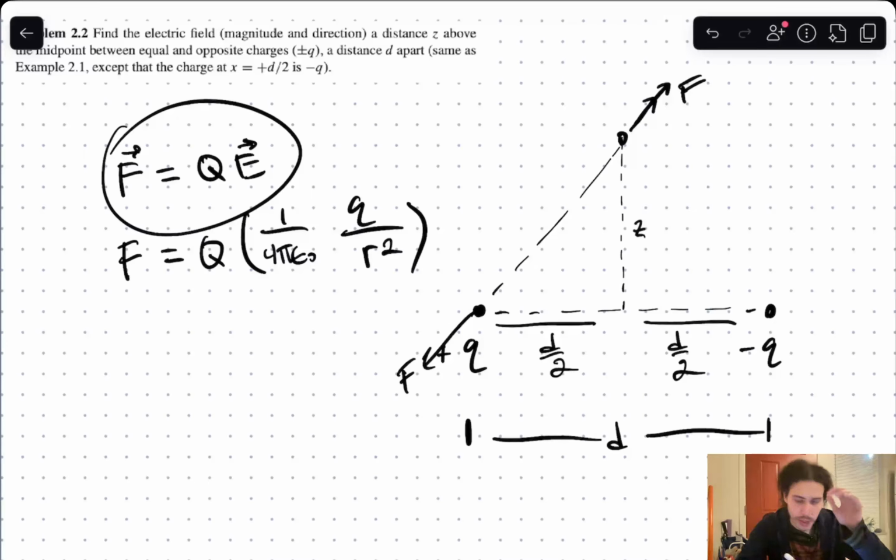And so if we strip away this charge here, the electric field then must be in the same direction as the force, because of course that is what this equation is saying. Okay.